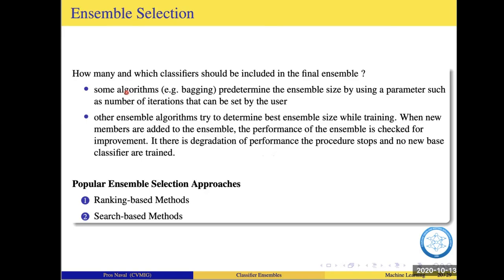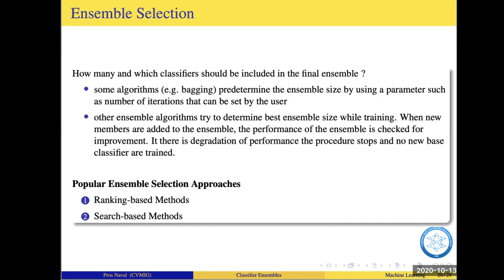Ensemble selection. The question that we'd like to answer here is how many and which classifiers should be included in the final ensemble. Some algorithms, such as bagging, predetermine the ensemble size by using a parameter such as the number of iterations that can be set by the user. So the number is specified by the user. So one iteration produces one classifier.